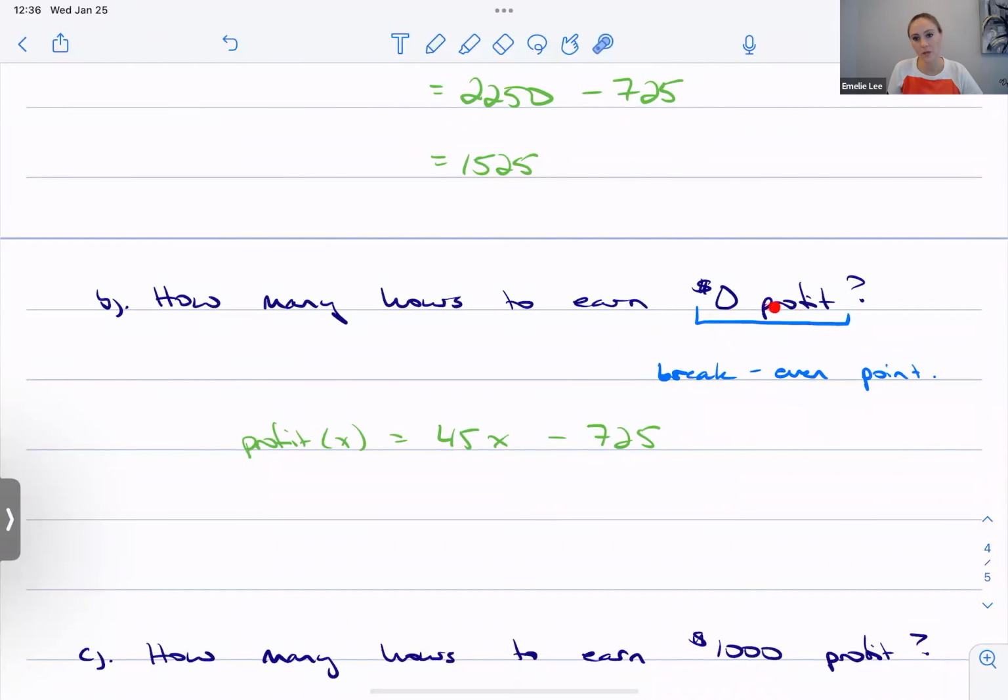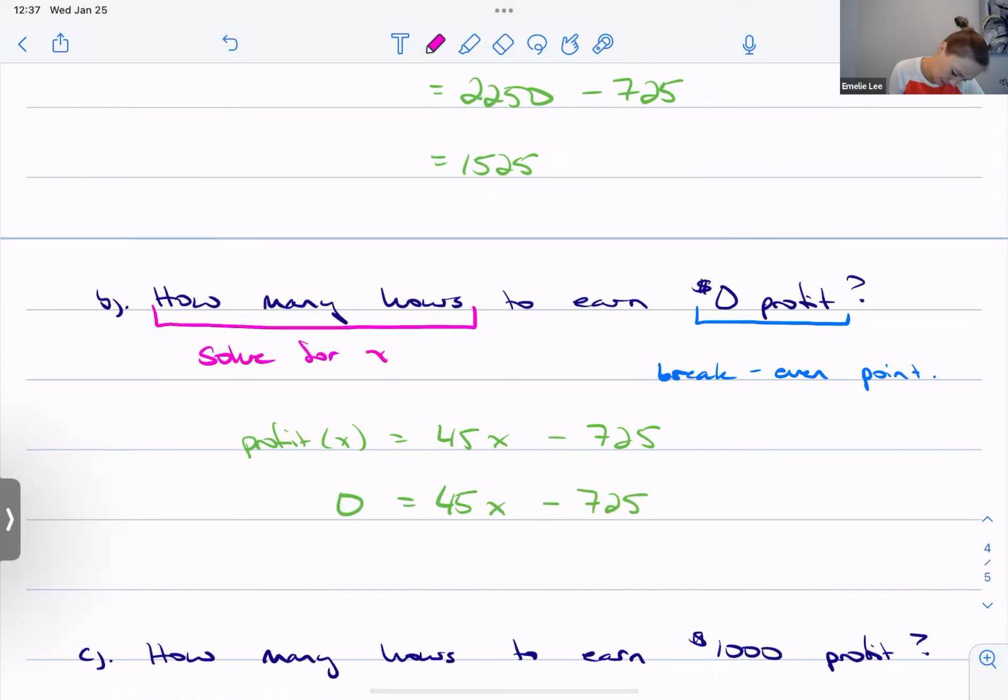I'm going to force the profit to be 0, and then solve for X. 0 is 45X minus 725. So here, how many hours is really saying solve for X.